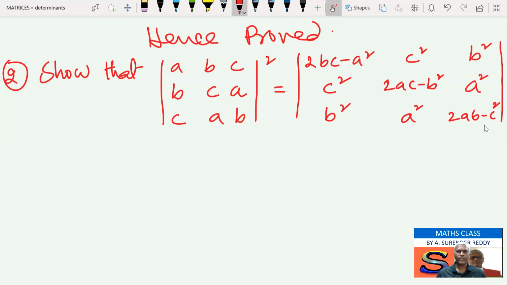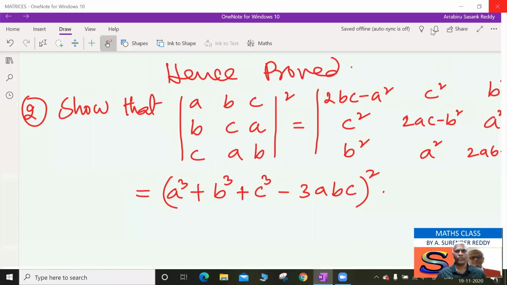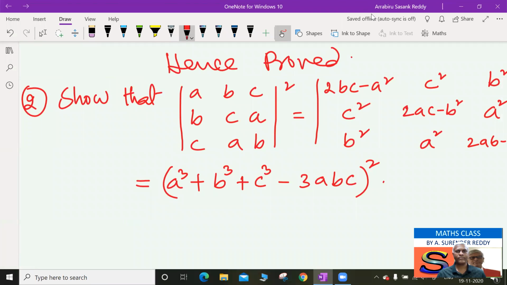So this one is equal to A cube plus B cube plus C cube minus 3ABC whole square. So we have to prove this one.